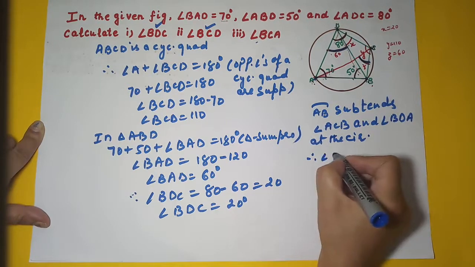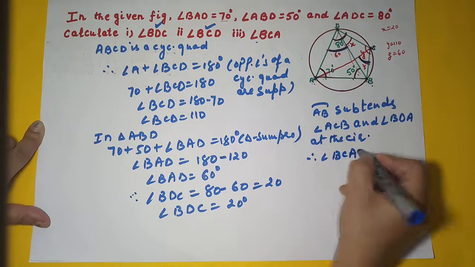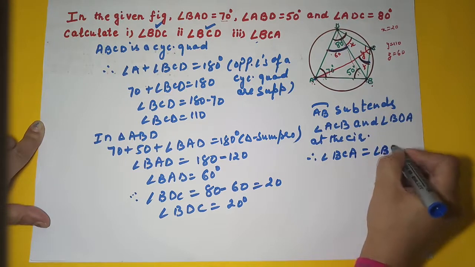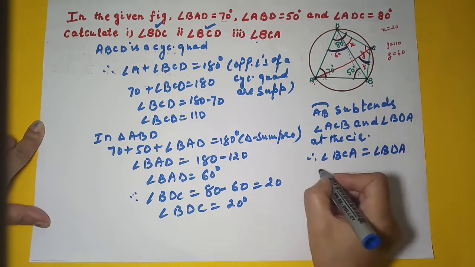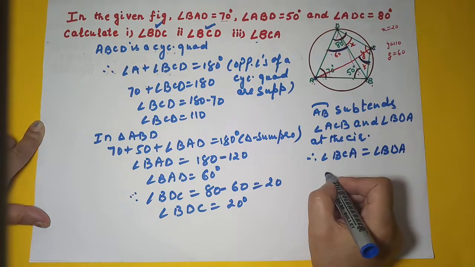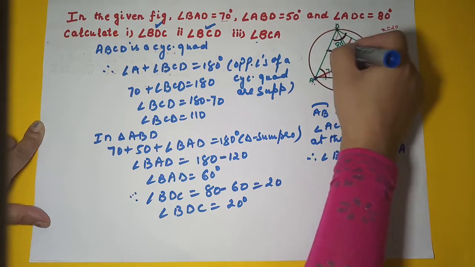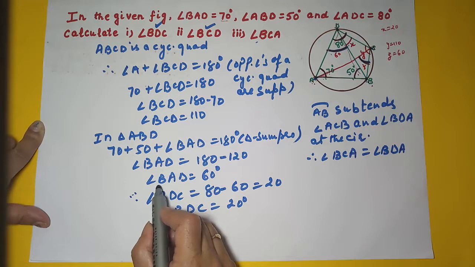Therefore, angle BCA is equal to angle BDA. So we already know that angle BDA is 60. We have calculated that, right?